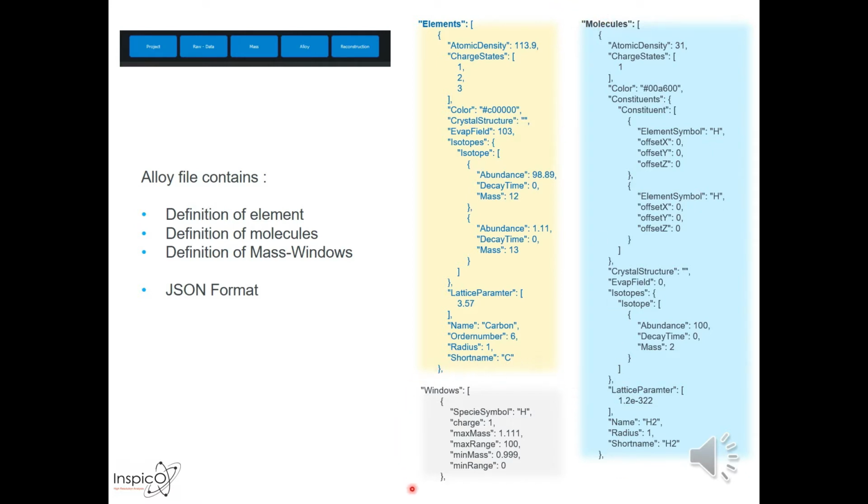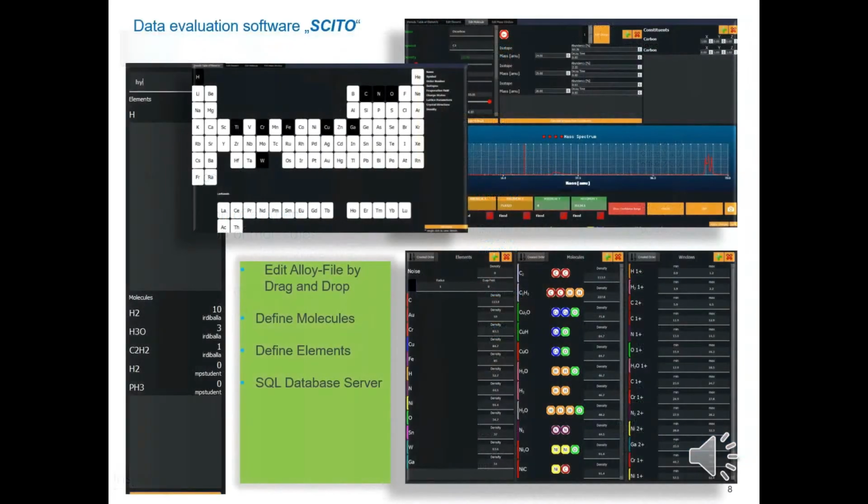And last but not least, you would determine in this file the respective window from which position to which, for which element this window should be available. Of course, you can edit this file by hand. For a lot of mass windows or species inside your measurement, this could be quite tricky or tiring. Therefore, of course, the software contains the necessary information to help you through that.